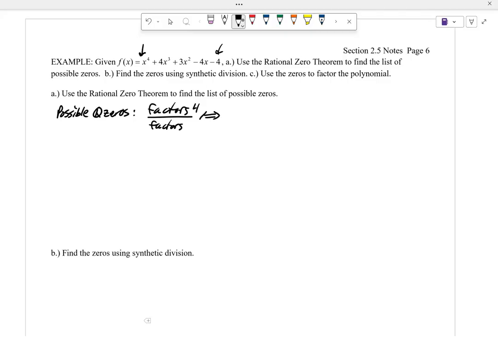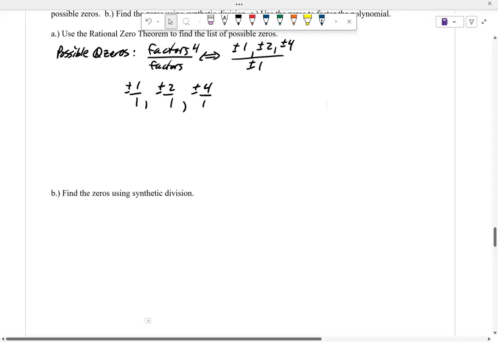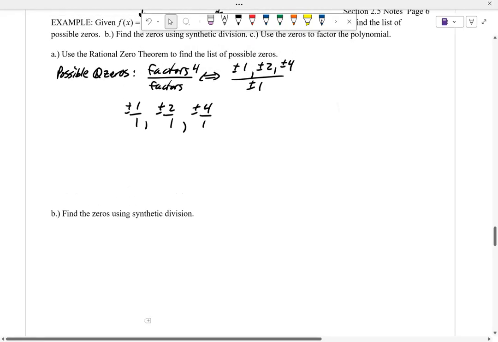So we've got factors of 4, plus minus 1, 2, and 4, over 1. So we got 1 over 1, 2 over 1, and 4 over 1.